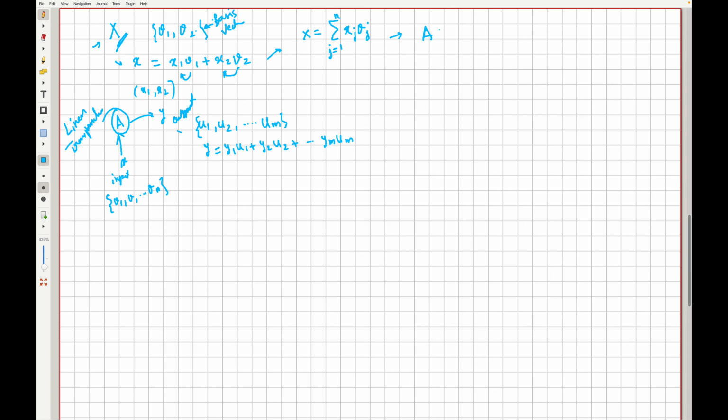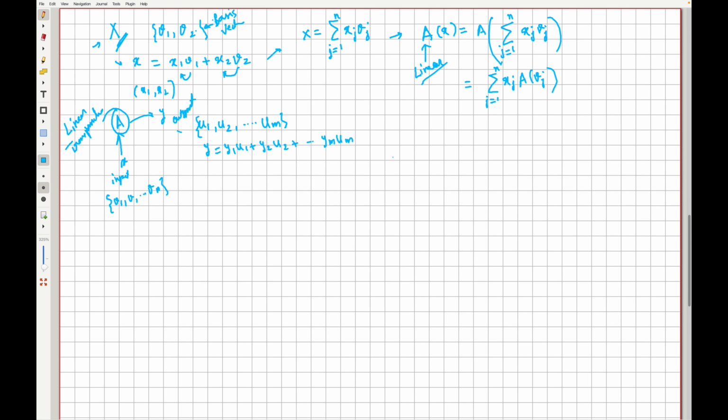So we can write that A of x is equal to A, and then inside parentheses we have the summation j is equal to 1 to n, xj vj. Now because A is linear, we know that because we are talking about a linear transformation, this A can go inside of the parentheses, and so this could be written as the summation j is equal to 1 to n, xj A vj.